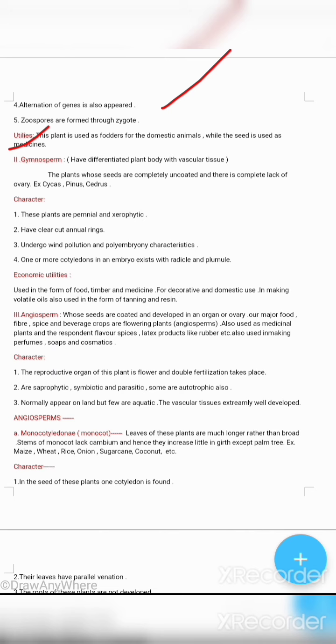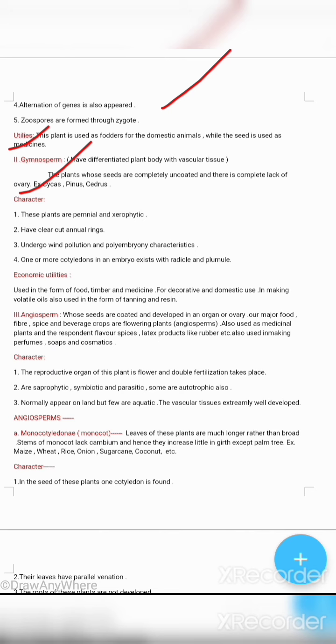Now, Gymnosperms, which have a differentiated plant body with vascular tissue. The plants whose seeds are completely uncoated and there is a complete lack of ovary. For example, ficus, pinus, cedrus. Characters of Gymnosperms.